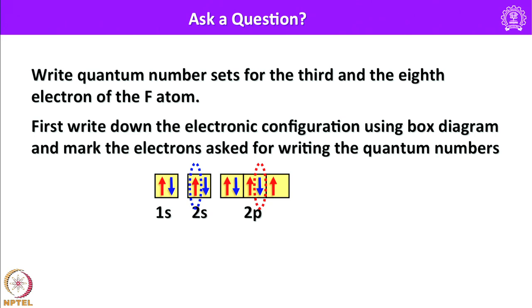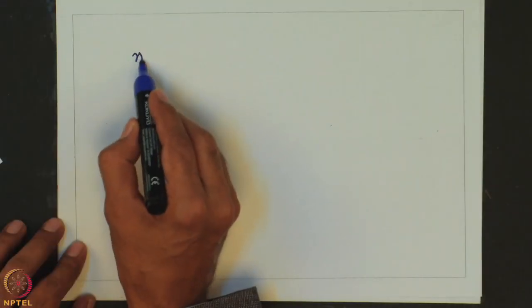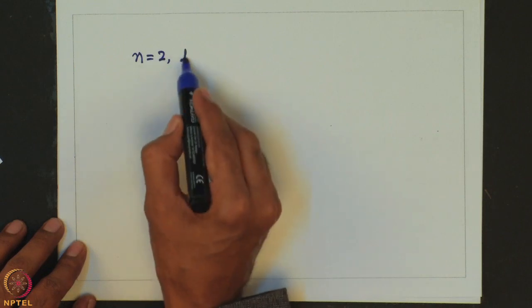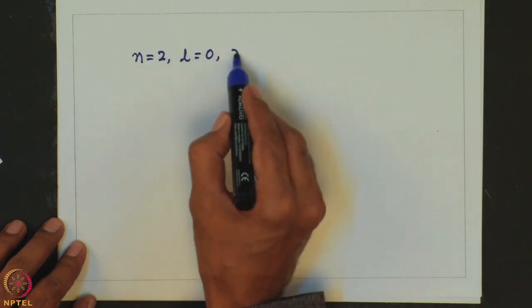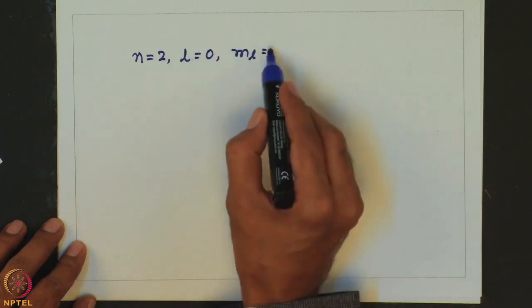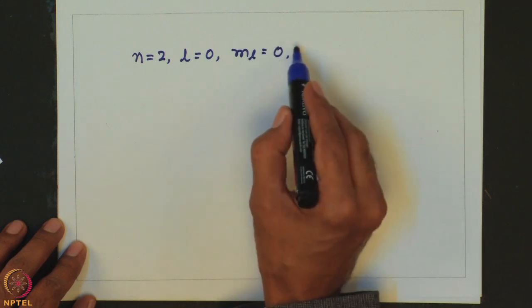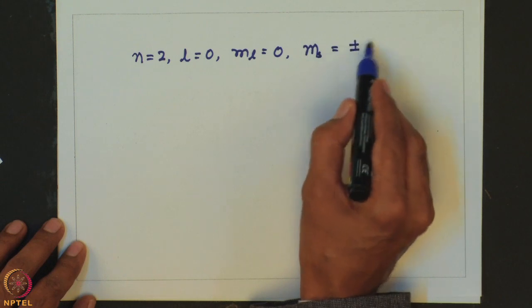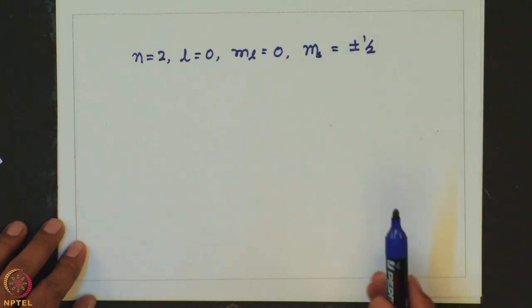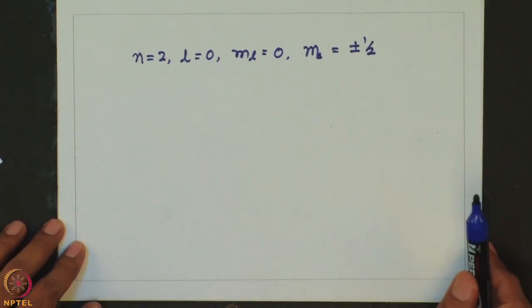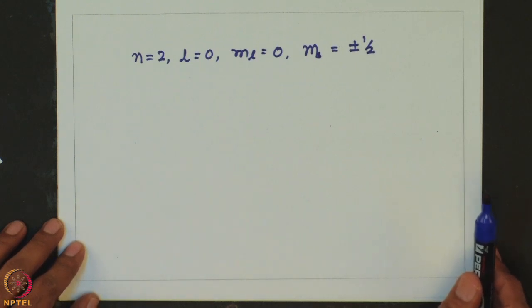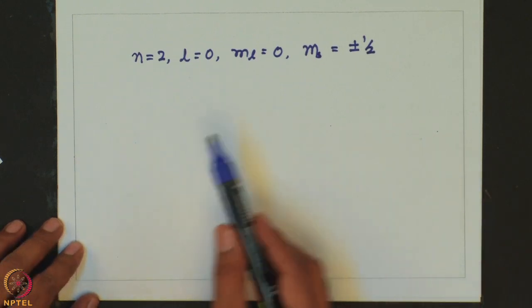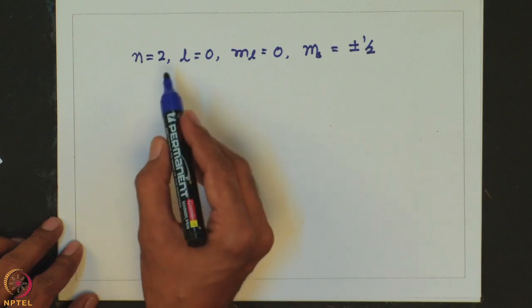The third electron is in the 2s orbital, and its quantum numbers are n equals 2, L equals 0, ML equals 0 and MS equals plus or minus half. Similarly, the quantum numbers for the 9th electron can be written here.